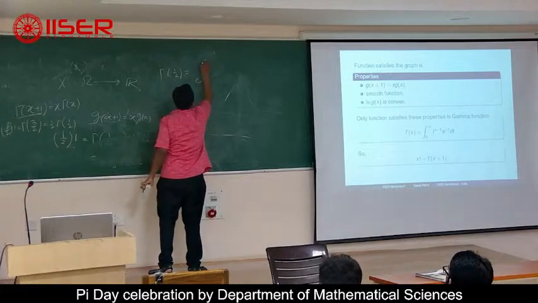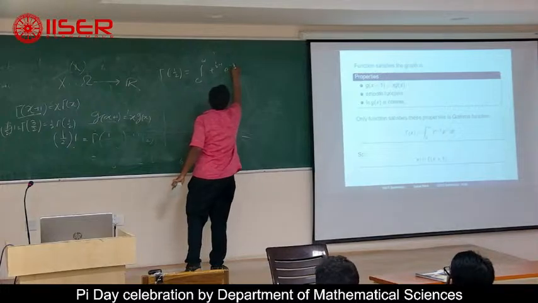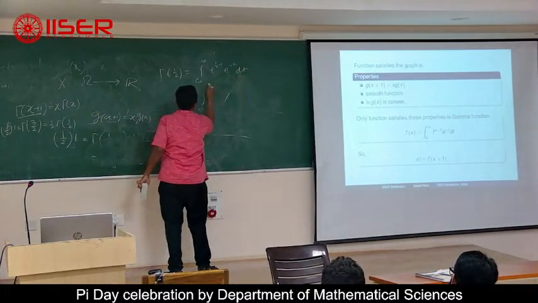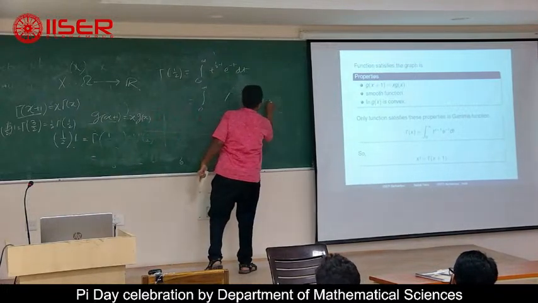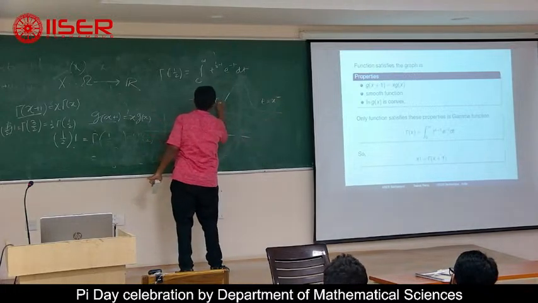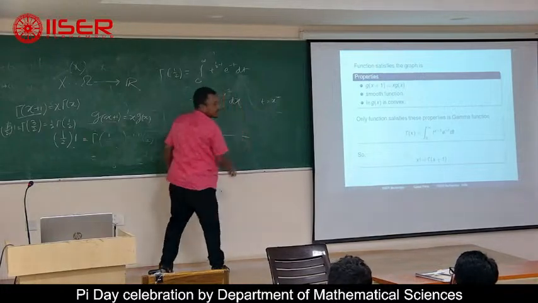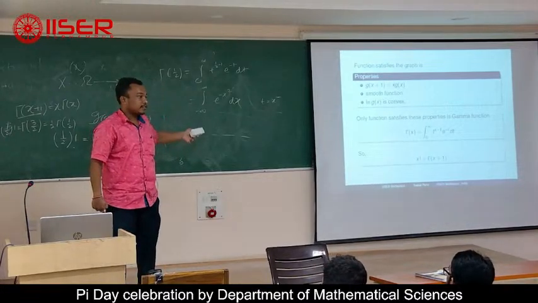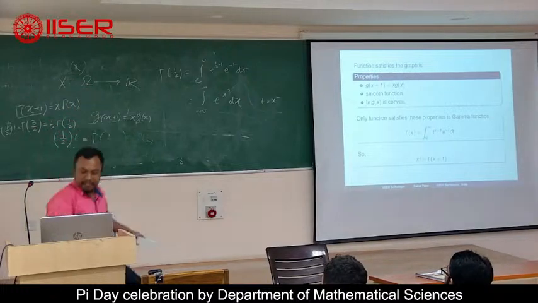This is the integral from 0 to infinity of t to the power half minus 1 times e to the power minus t dt, which, if you use the change of variable t equal to x square, becomes the integral from minus infinity to infinity of e to the power minus x square dx. So this is the function the normal distribution has, and the area of that we wanted to calculate.